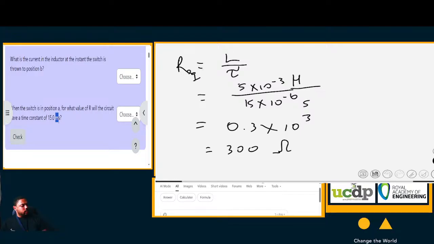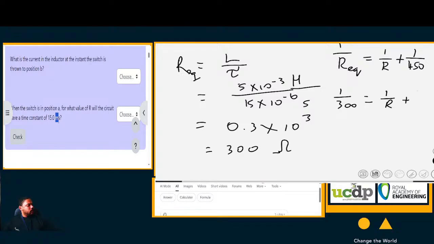And you then use this equivalent of 300 ohm to work out that 1 over 300 equals 1 over R plus 1 over 450, which gives you that R is equal to 1290 ohm.